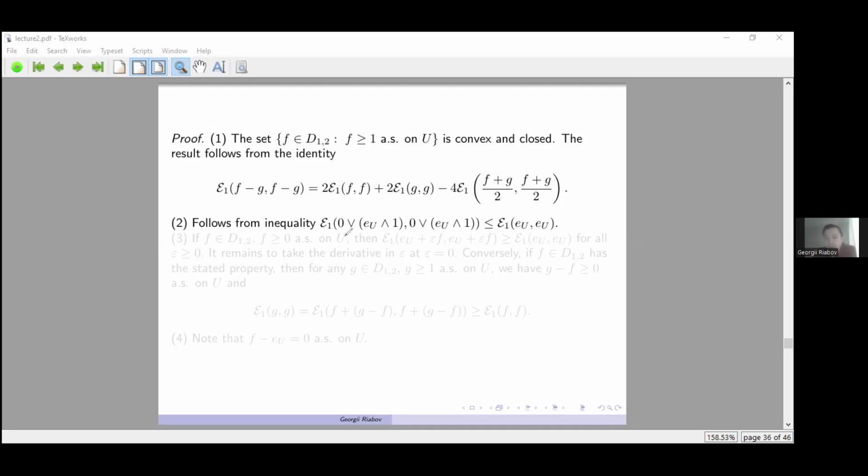But on the other hand, this is greater or equal to the capacity of U, and this is equal to the capacity of U. So this means that actually these two functions are identical. So EU is less than 1 and greater than 0.